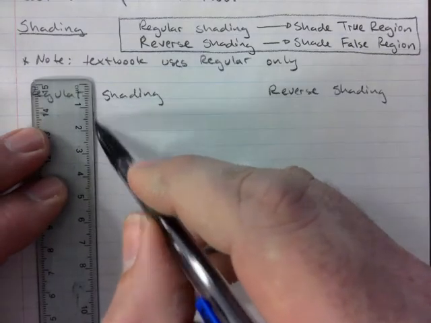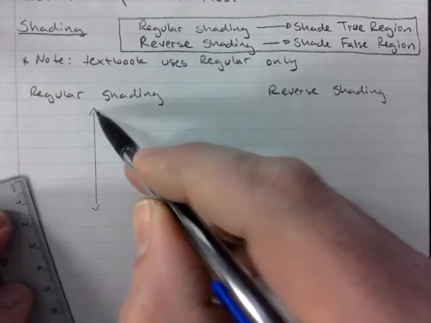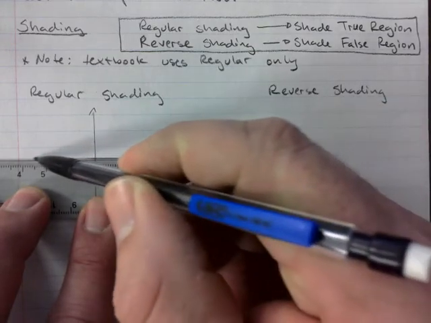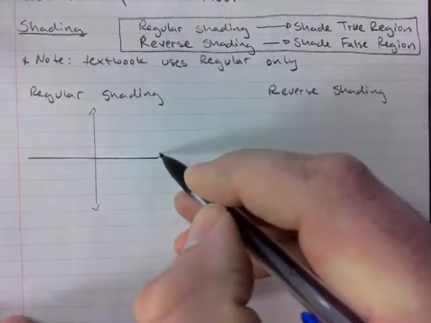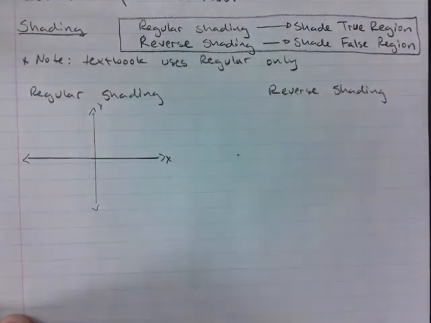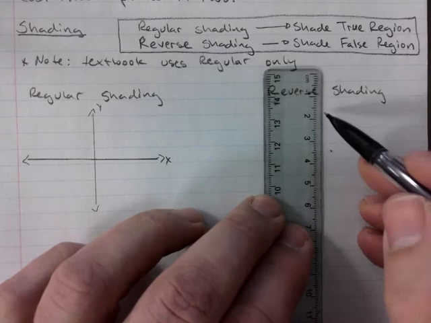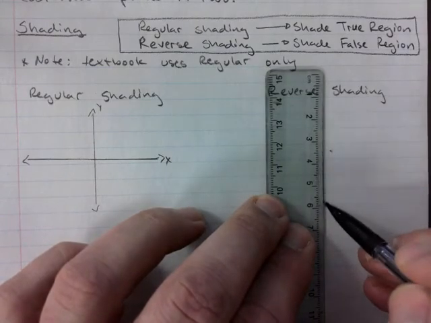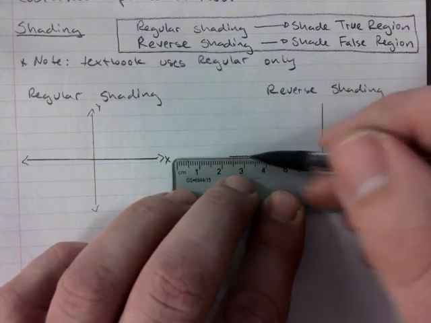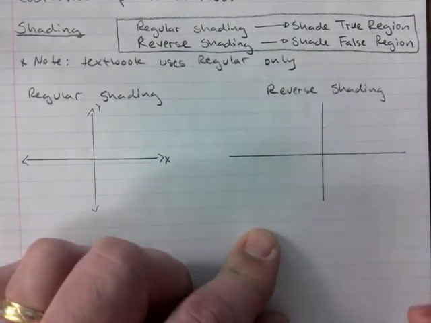If not, you can just wing it. So let's make our two coordinate planes. They're basically copies of each other, okay?